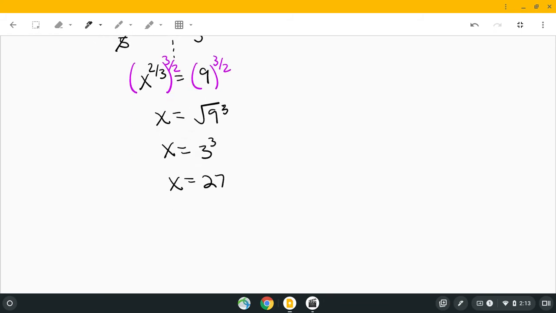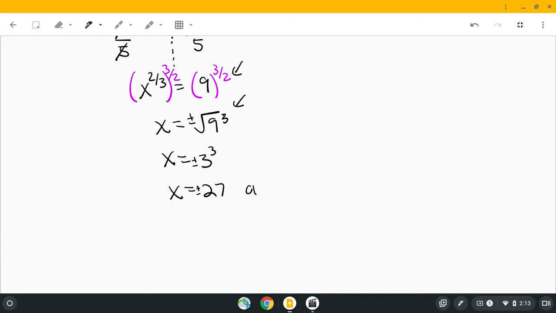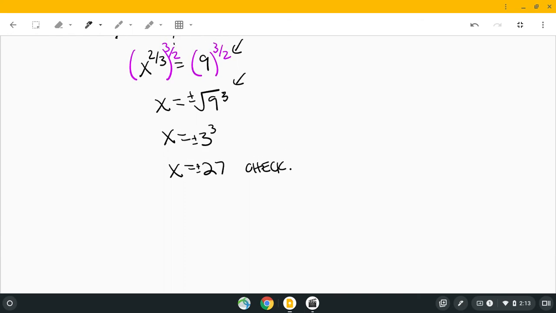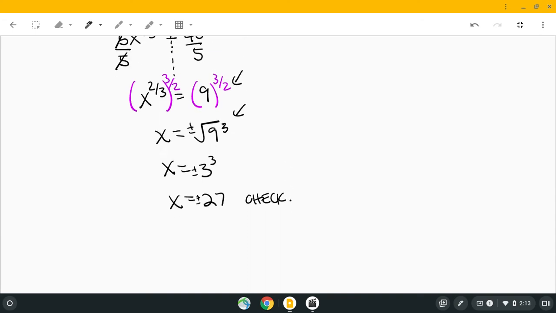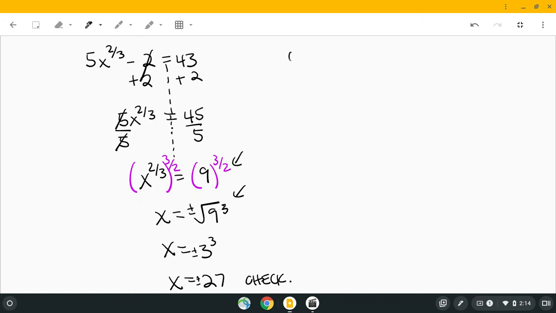Oh, I forgot. When we take the square root, right here I took the square root, so that's plus or minus. All right, and so here we need to check, to make sure that these work out. Let's go back to the original problem.